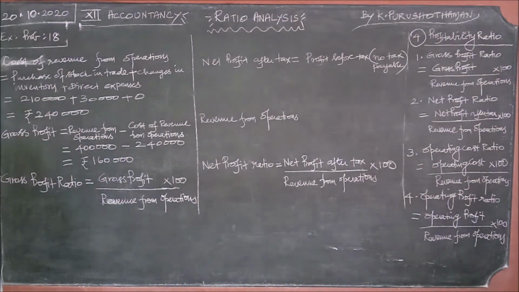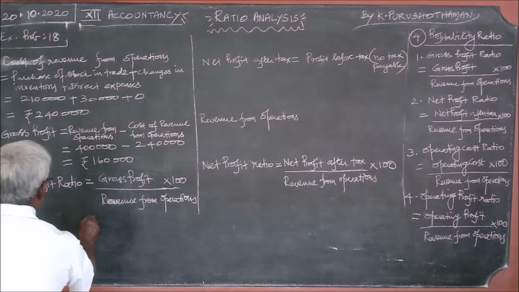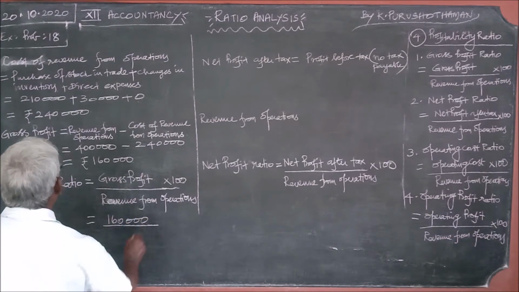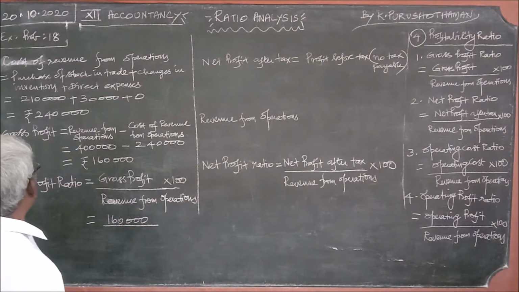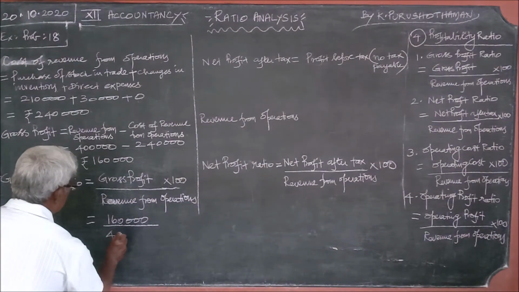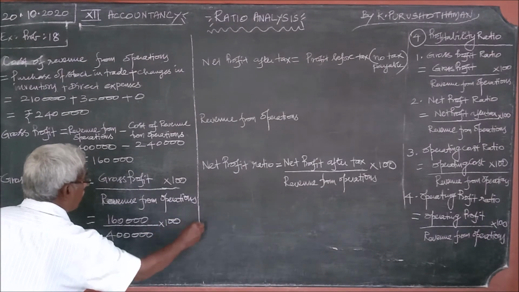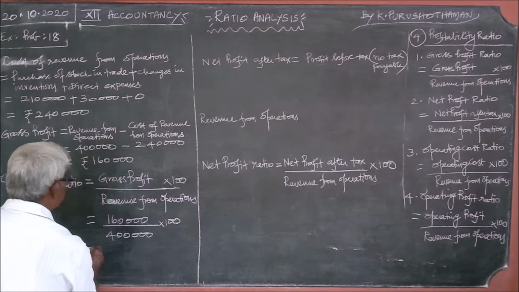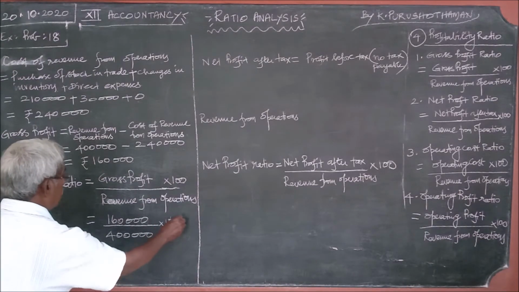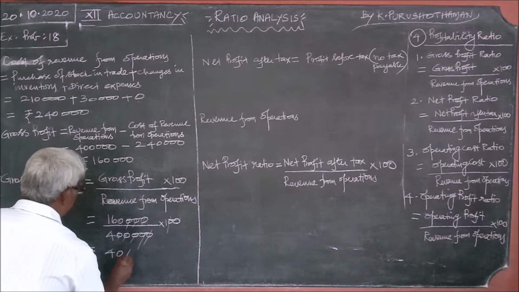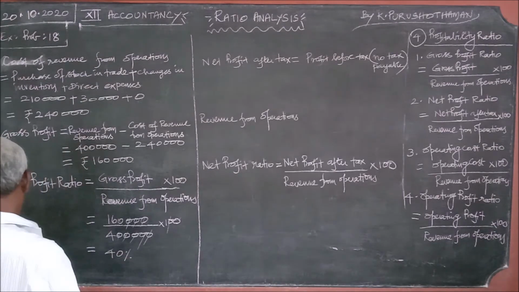Now we can substitute and find what is the gross profit. 1,60,000 whole divided by revenue from operations 4 lakhs into 100. Now this is equal to, 2 zeros cancel, that is 160 by 4, 40%. This is the gross profit ratio.